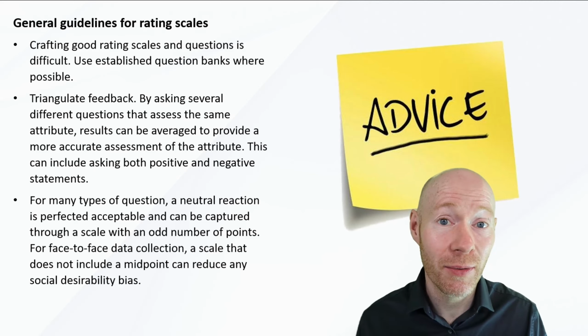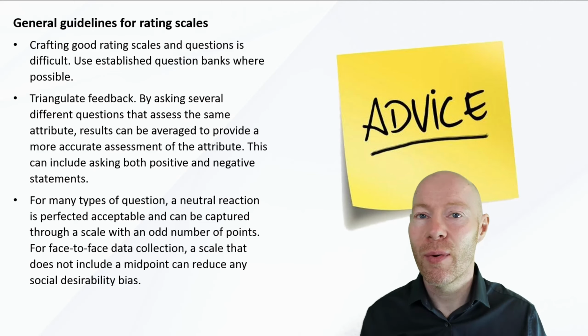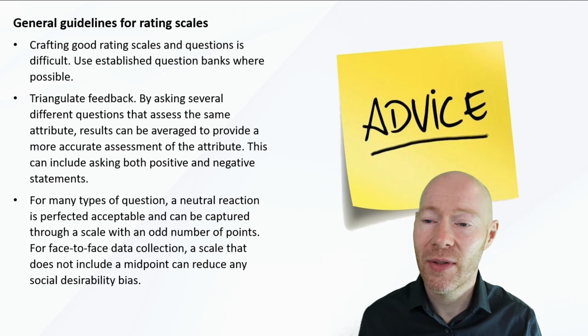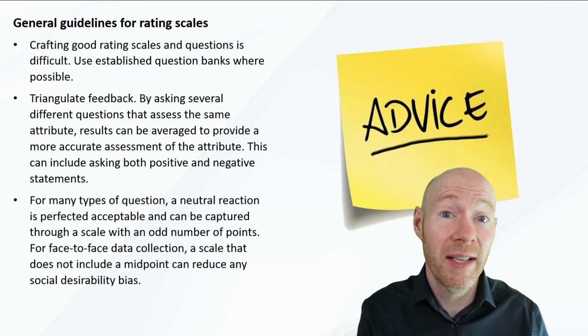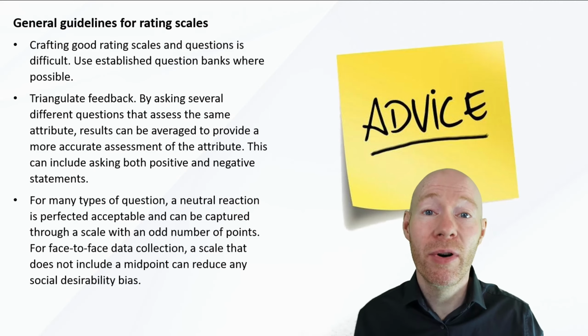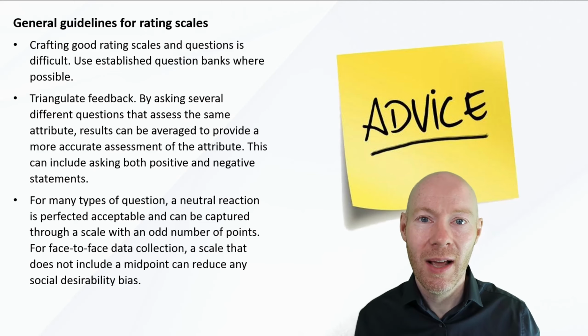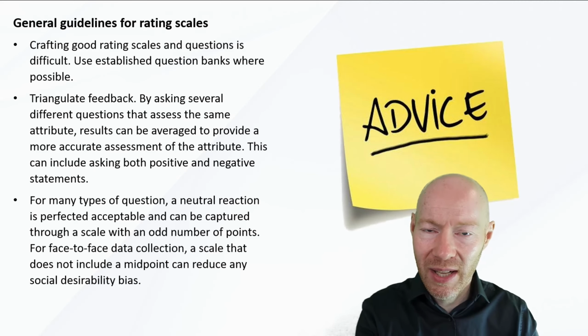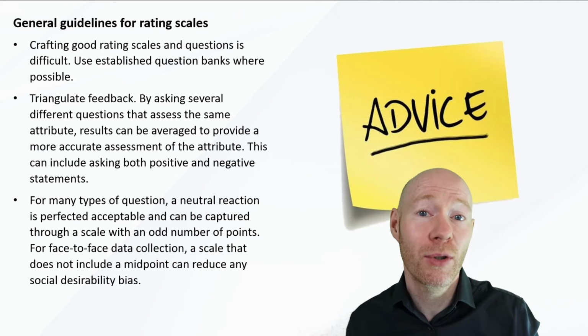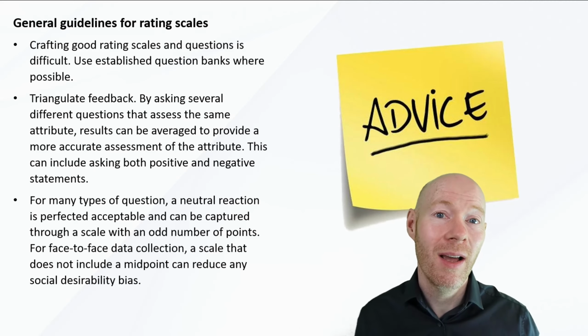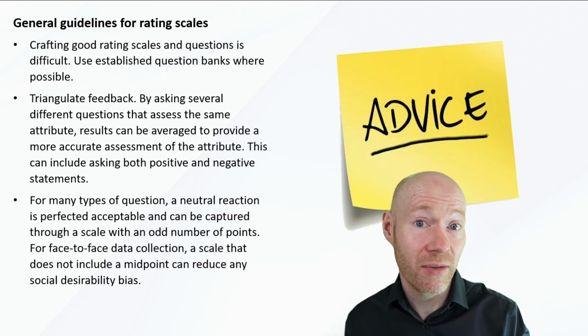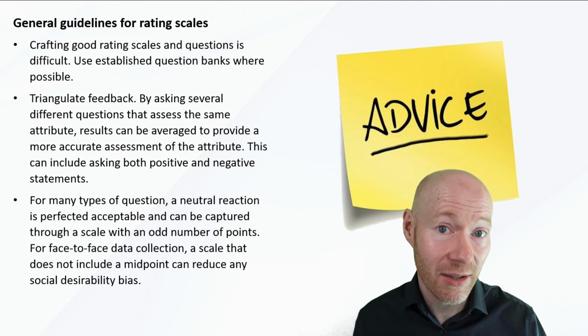Triangulation is really useful. In this sense, if we wanted to test if the users found our system frustrating, we might ask a number of different questions that approach that from slightly different ways, using slightly different terms. Some of them we may word positively, some of them we may word negatively.